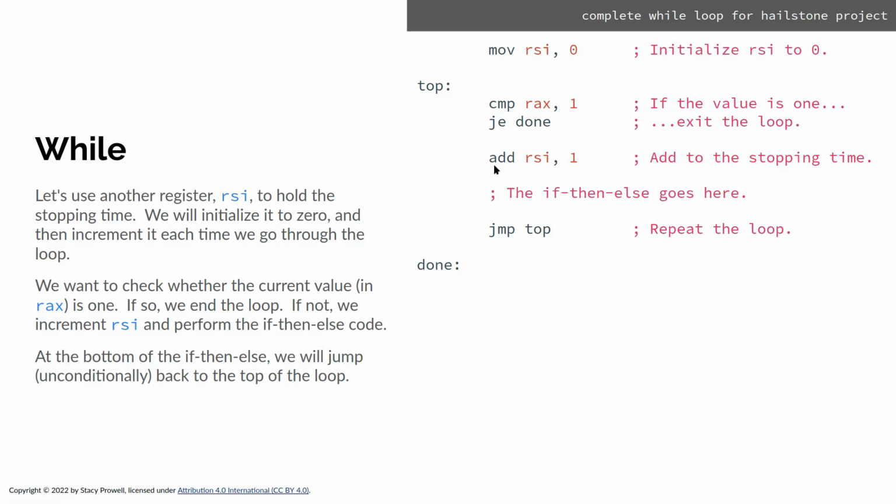Otherwise, add 1 to our stopping time. Do that if then else, right? If it's even, divide by 2. If it's odd, multiply by 3 and add 1. And then jump back up to the top. So here's our loop. Again, nothing really new here. Move, compare, jump if equal, add, and then unconditional jump. We saw all those in the previous section.